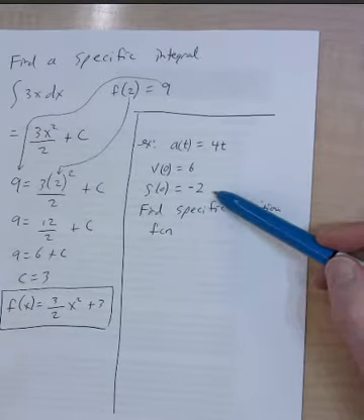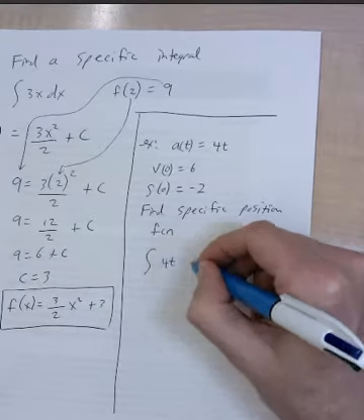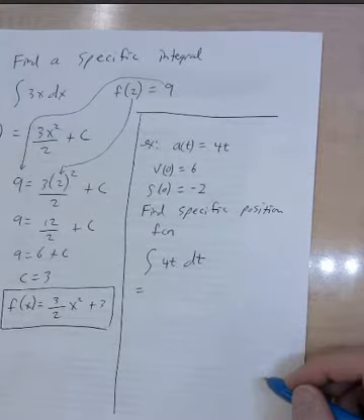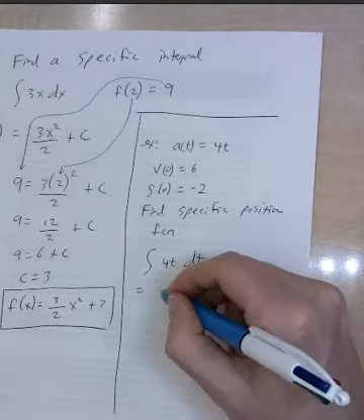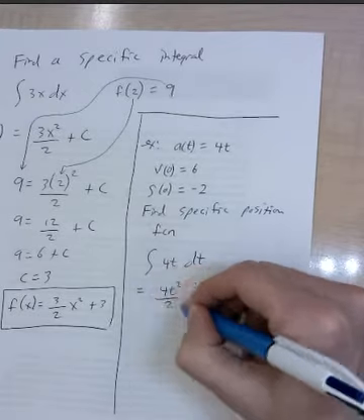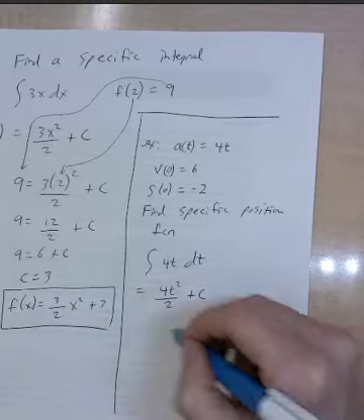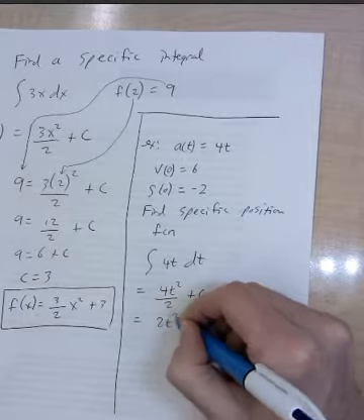Okay. So here it is. So we're going to integrate 4t dt, which is 4t squared over 2 plus c, and what's 4t squared over 2? 2t squared plus c.